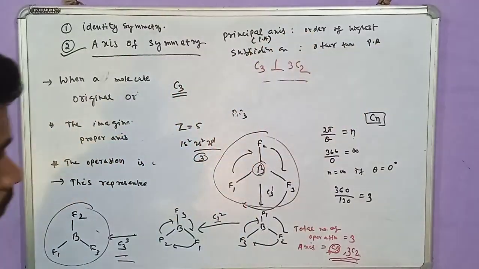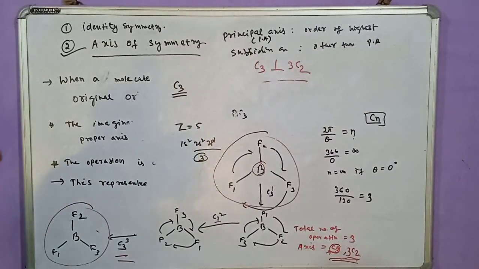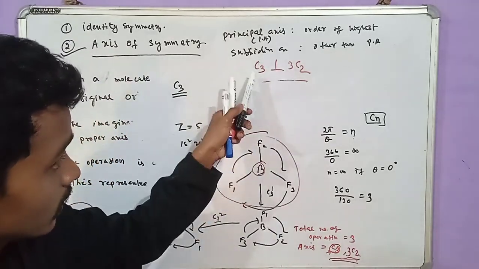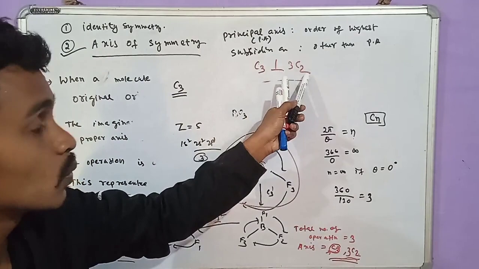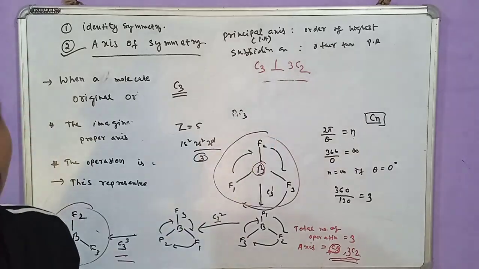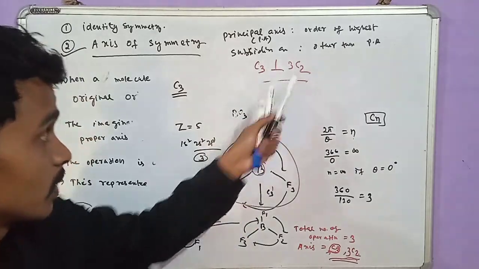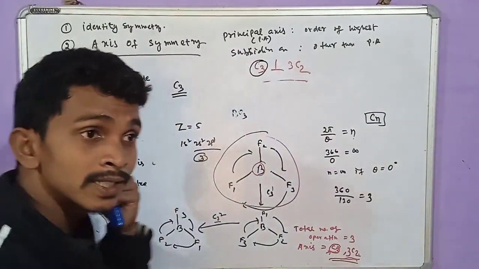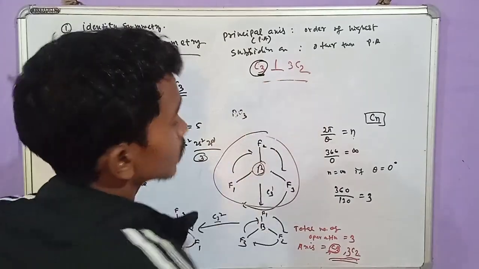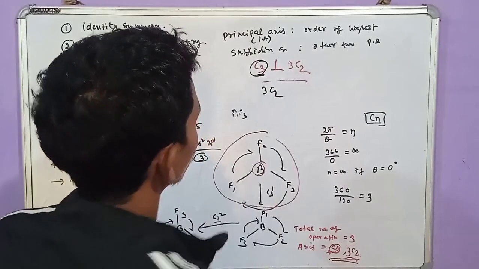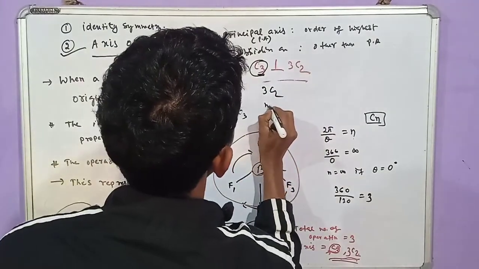Okay, and one thing you have to note: whenever the principal axis is there, suppose the principal axis is C3, then if C2 is present, the same number of subsidiary axes are present as the order of the principal axis. Here C3 is the principal axis, so the order is 3. So if C2 is present, then 3C2 is present, or if not present, then no C2.